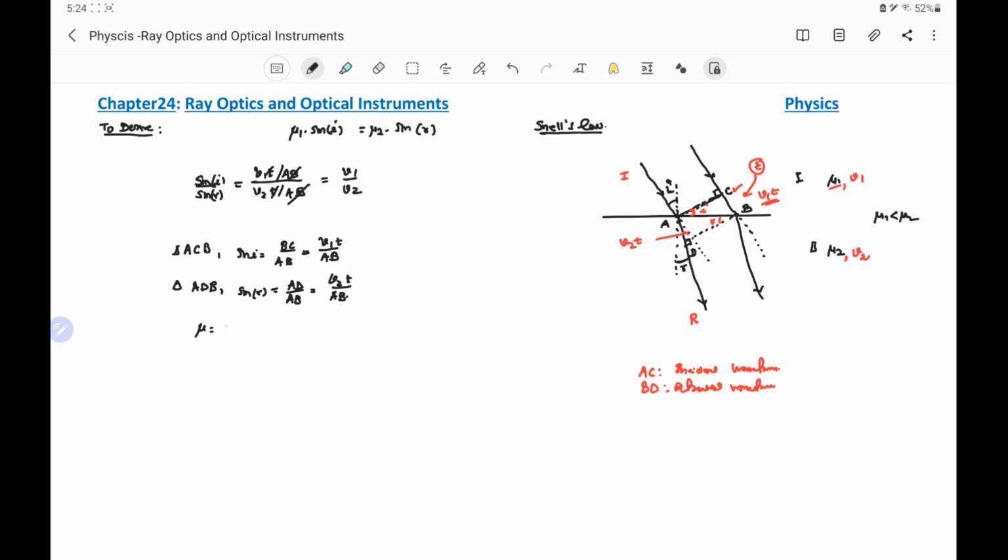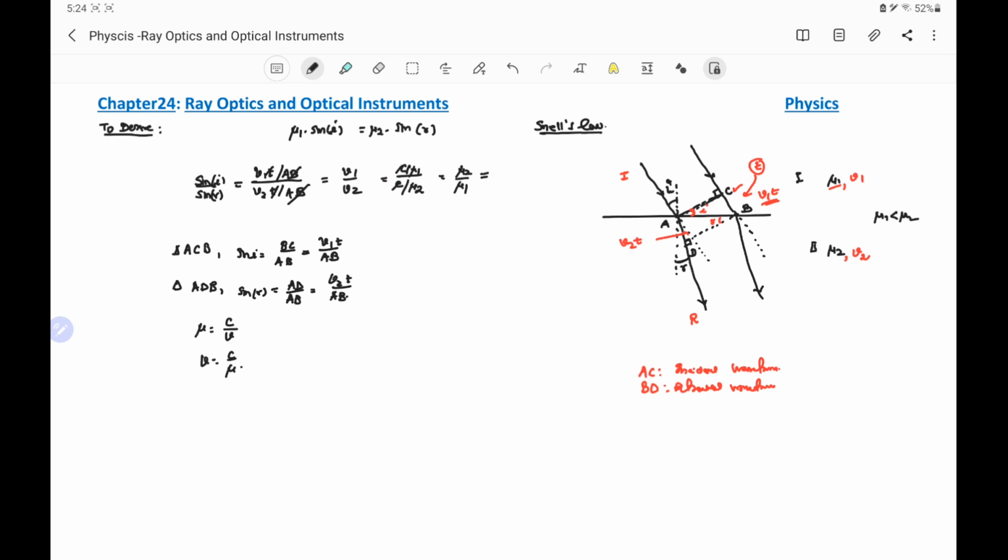We have discussed that the refractive index of a media is c by v, where c is the speed of light in air and v is the speed of light in the media. So v equals c by mu. Therefore, v1 can be written as c by mu1 and v2 can be written as c by mu2. c and c get cancelled, so it is mu2 by mu1.